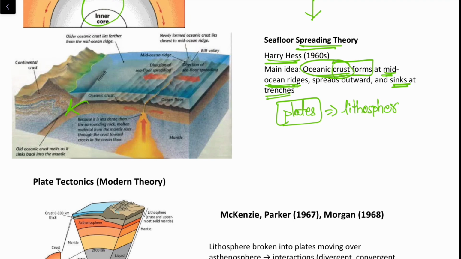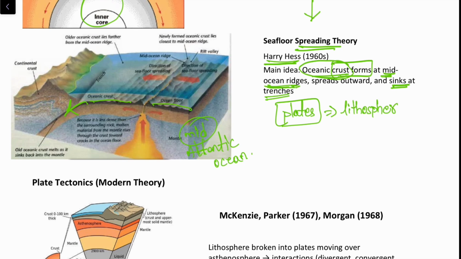Suppose we take this as the mid-oceanic ridge of the Atlantic Ocean. What's happening here? This is one plate and this is another plate, and this plate is moving to this side and this plate is moving to that side.